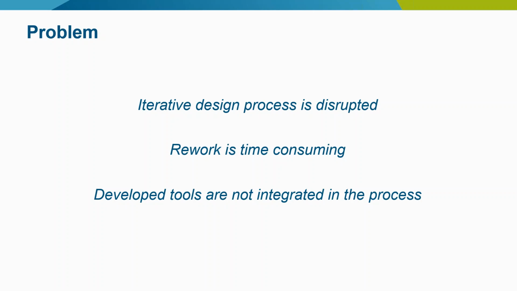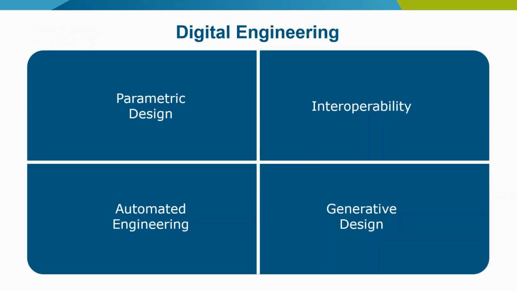Sometimes we try to use tools, but these are not developed or integrated in the process, and this is also troublesome. So I believe that digital engineering can solve this problem and help us to make better designs and also have a better quality.